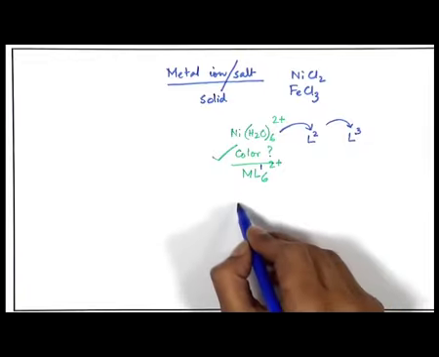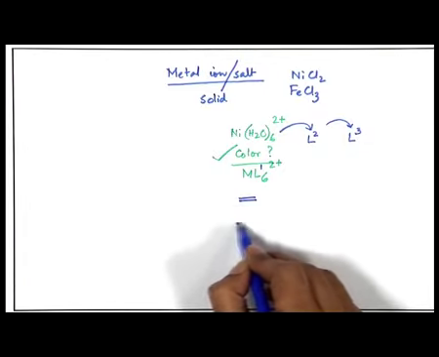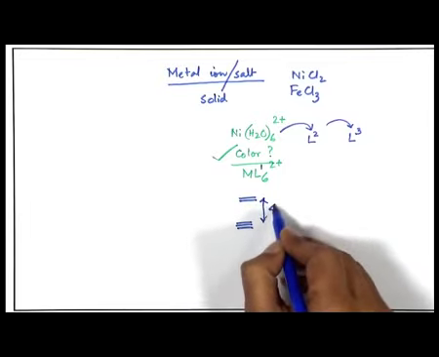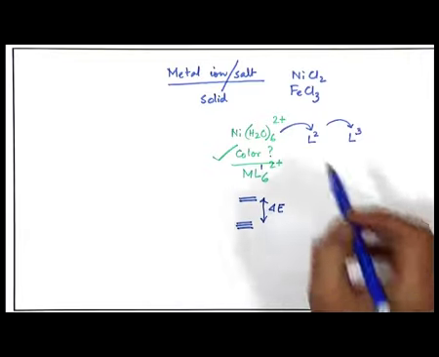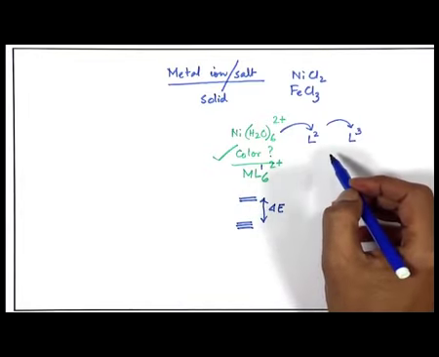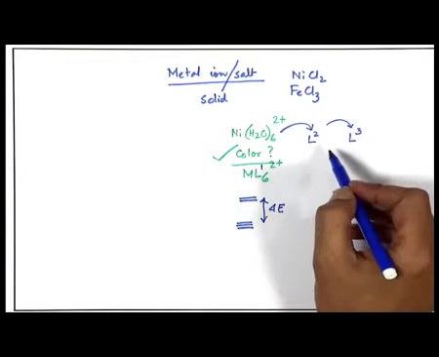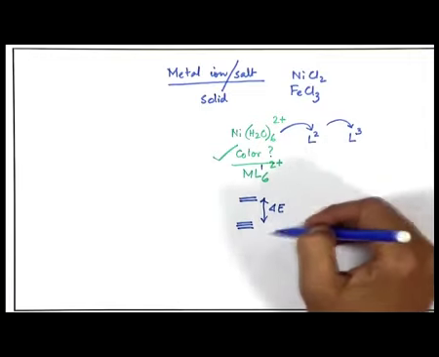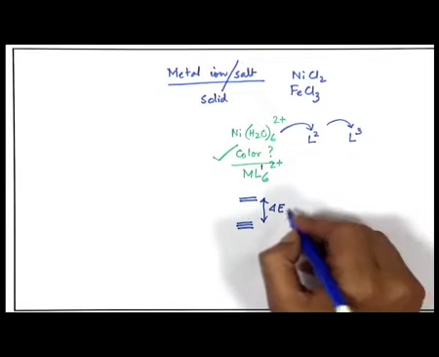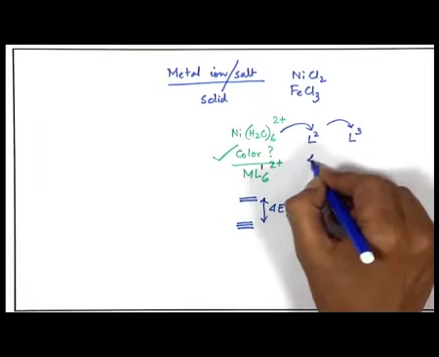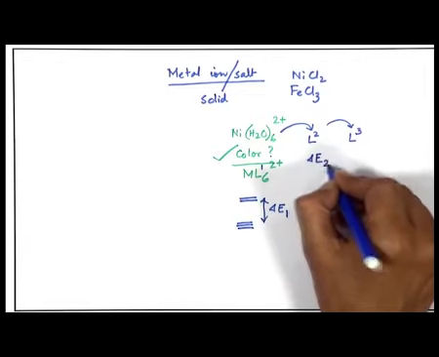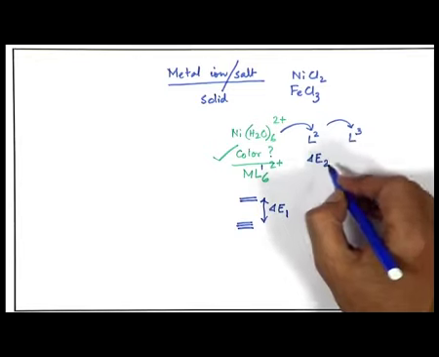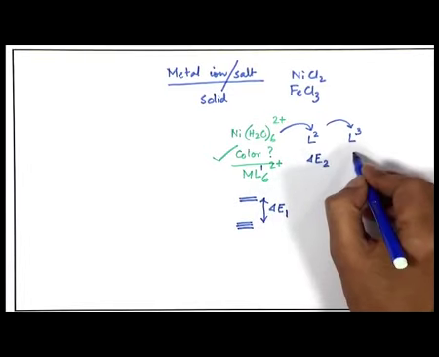If these are octahedral, there is some separation which is our delta E. Depending upon the nature of these ligands, the color depends on the nature, number and the shape of these ligands. For the first ligand this will be delta E1, for the second it will definitely change, whether it goes up or down, and the color will change accordingly, giving a separation of delta E2.